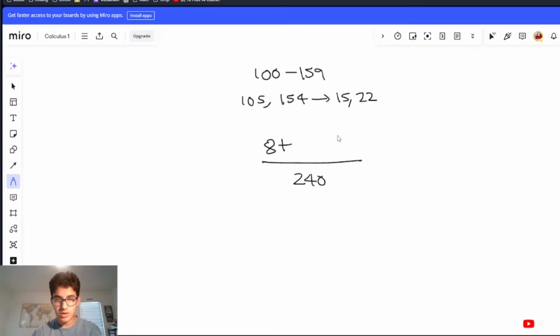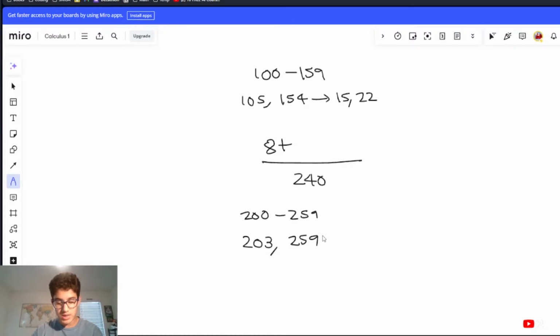Now we can go from 200. I'll do it at the bottom here. 200 to 259. So again, the first one will be 203 now. And the last one, 259 itself will be divisible.